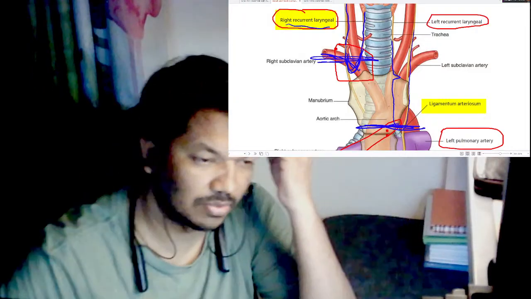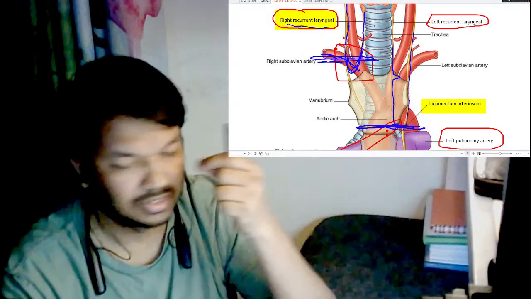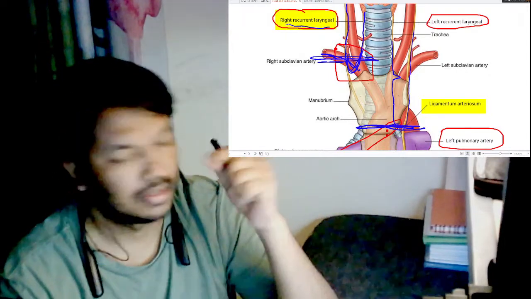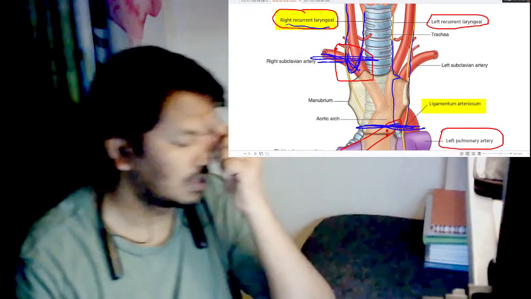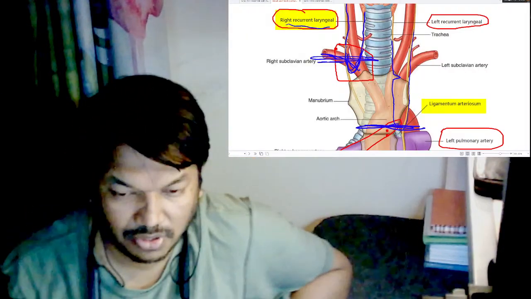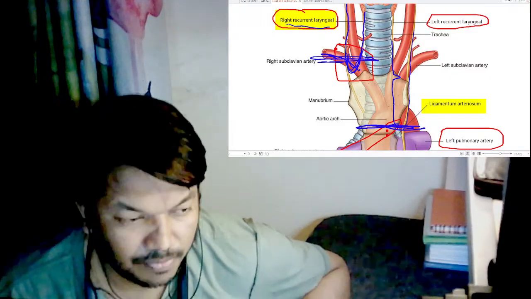Sometimes you will get a question. There is a stab injury in the left side of the chest, and it injured a blood vessel. The surgeon suspects there is injury to the recurrent laryngeal nerve. Which of the following recurrent laryngeal nerves will not be injured?